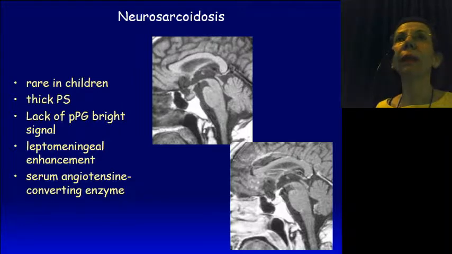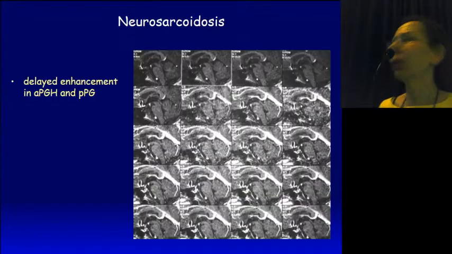Of course, you may see other findings of central nervous system neurosarcoidosis, and it is important to measure the serum angiotensin converting enzyme, which is elevated in cases of neurosarcoidosis. So we are not only based on imaging, we have to combine all the information we have, even from clinics.